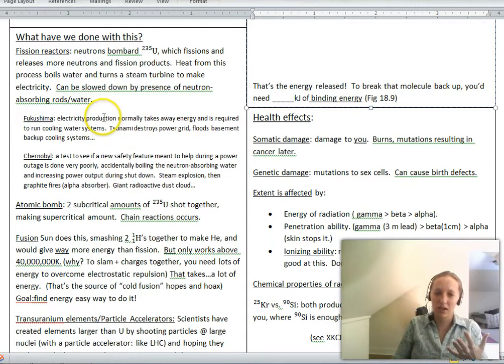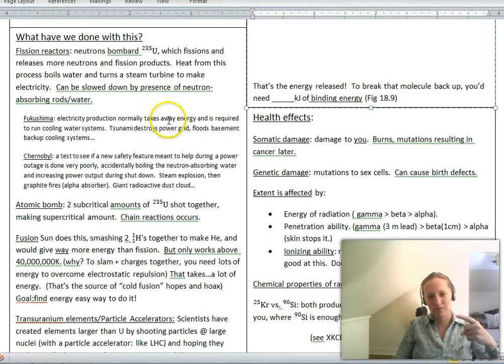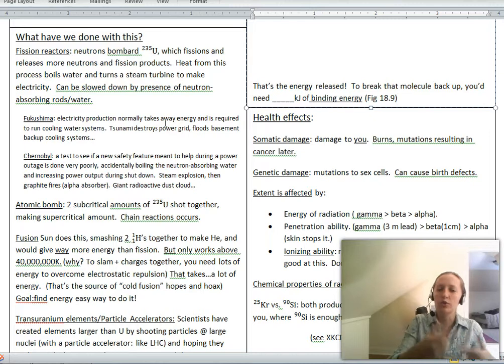So that normally would be taking energy away from their nuclear reaction, but it doesn't. And so then it gets hotter, and when it gets hotter and needs to be cooled, then you use the cooling water systems. Well, the cooling water systems have been destroyed by the floods in the basement of the nuclear power plant.